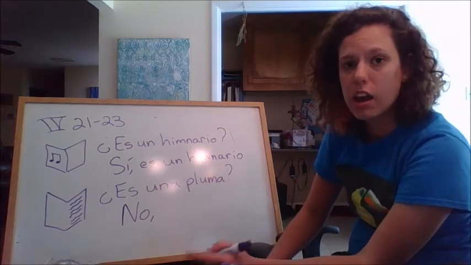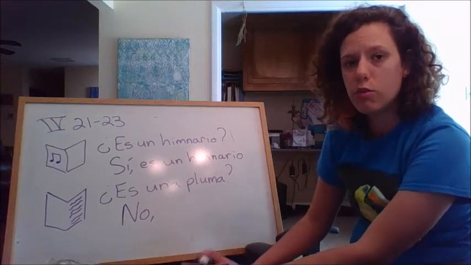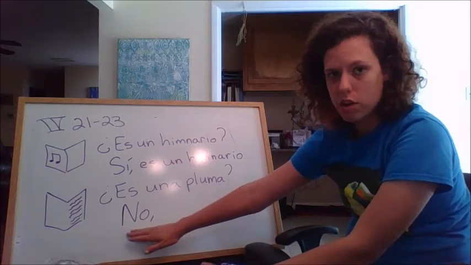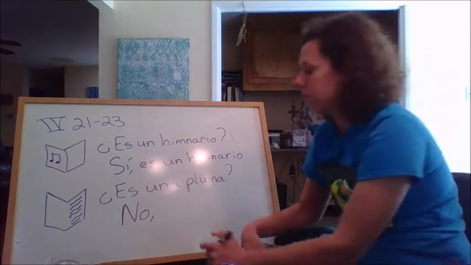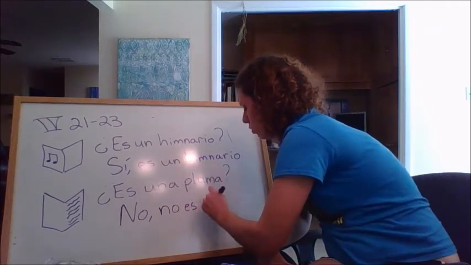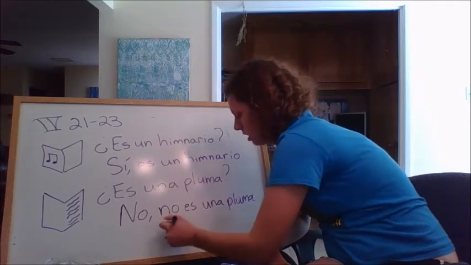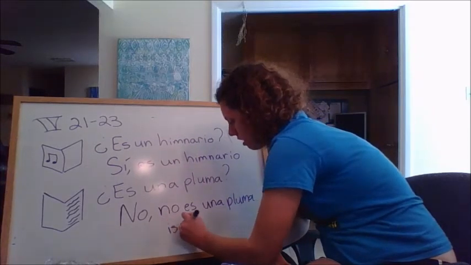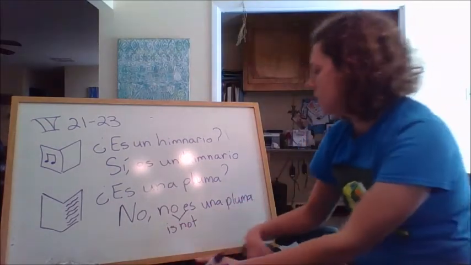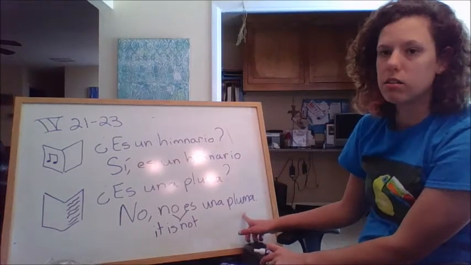And how do you make a negative sentence? You put a no in front of the verb. So in this case, we're going to answer the question. We're going to say no. And then we're going to say it isn't. So we're going to say no es una pluma. Okay? Is not. No, it is not a pen.